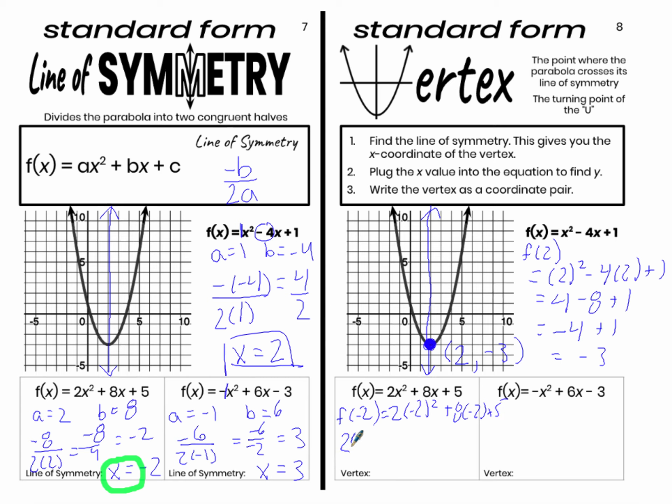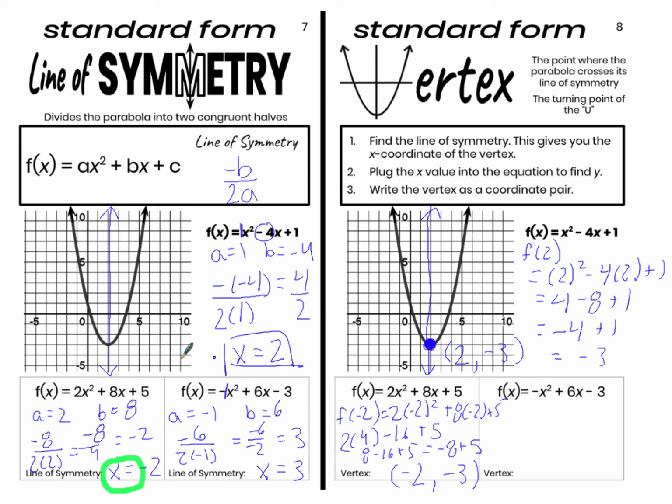So order of operations: 2 times 4 minus 16 plus 5, 8 minus 16 plus 5, which is negative 8 plus 5. And that's weird. Once again, I got negative 3. So my vertex is x equals negative 2, y equals negative 3.